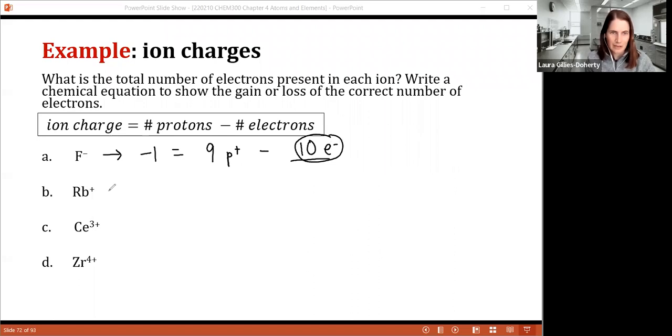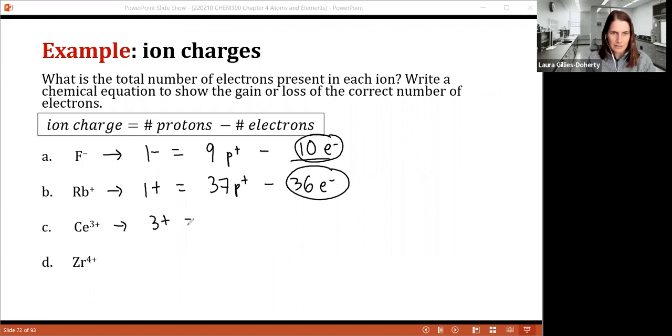We do the same thing with rubidium, has a charge of +1. Let's write my charge correctly. So neutral rubidium always has 37 protons by definition. So 37 minus 36 equals +1. So it has 36 electrons. Cerium, +3 ion, 3 plus. Cerium has 58 protons.